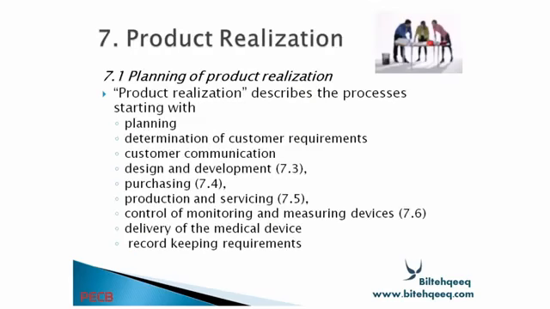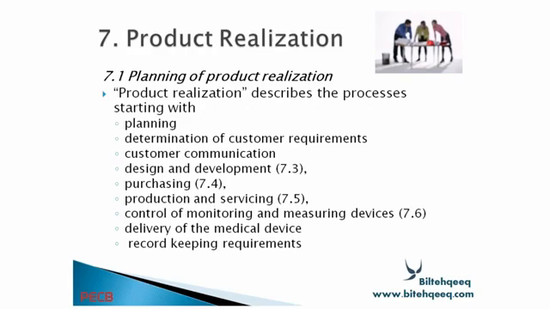The next section is the product realization, and product realization is starting with 7.1, planning of the product realization. Product realization describes the process starting with planning, determination of customer requirements, customer communication, design and development, purchasing, production and servicing, control of monitoring and measuring devices, delivery of the medical device, record keeping requirements.